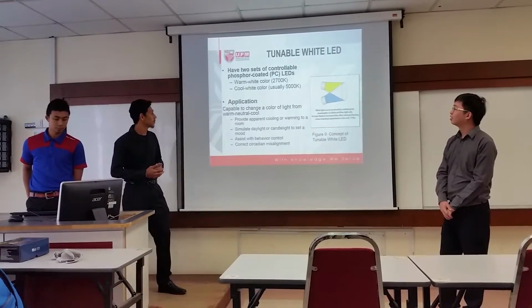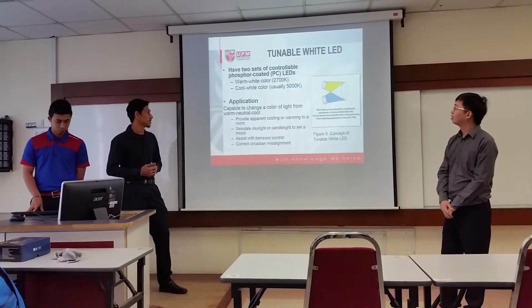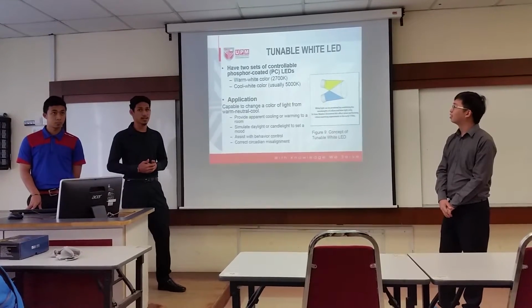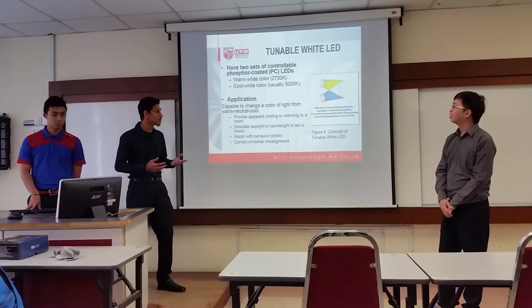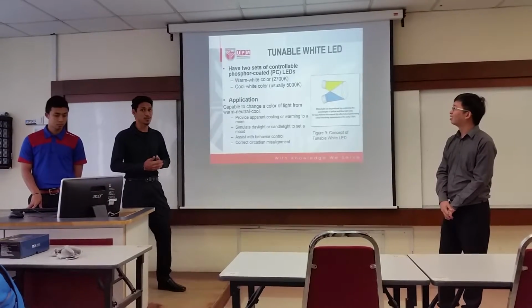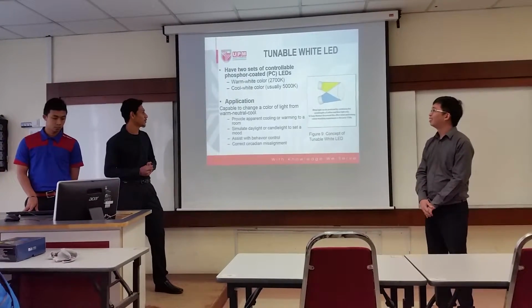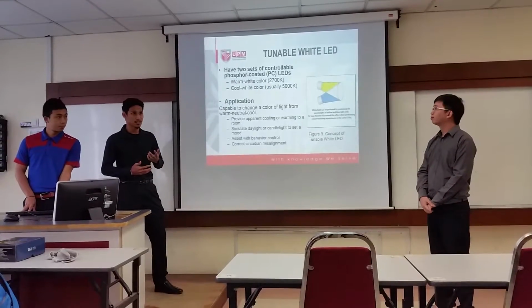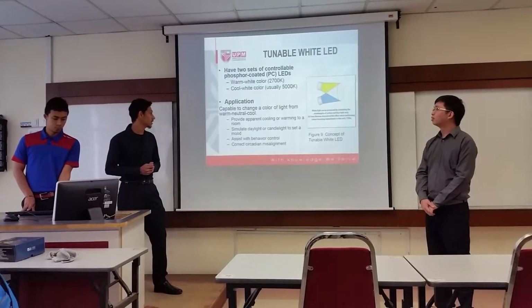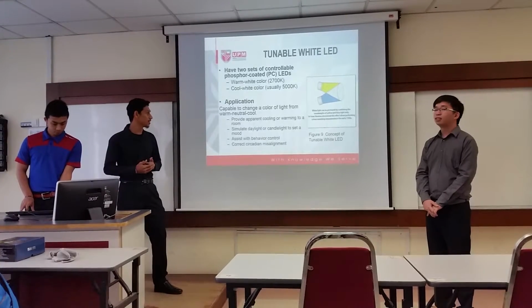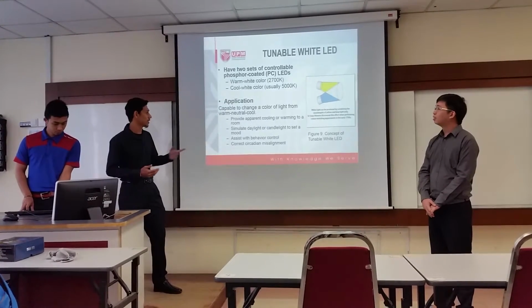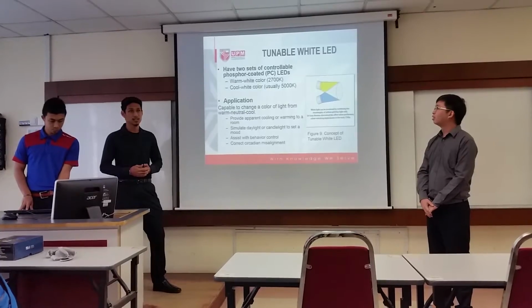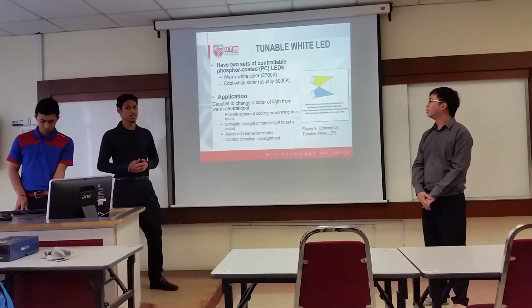The application can be used for a wide range of applications. It will provide cooling or warming depending on the situation and weather. It will stimulate our mood and also increase productivity.